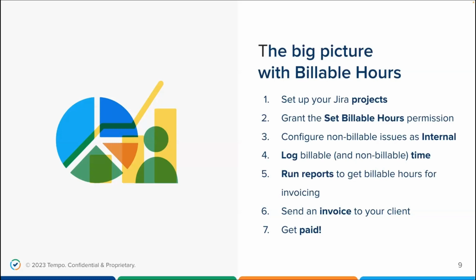Every month or maybe at different milestones, the project manager or account manager runs reports for this contract to know what the billable hours are. And then the finance team can create the invoice from that. So once they get the report data, the finance team creates the invoice, sends it to their client, and then you get paid, which is the whole point of doing all this work. So this is the big payoff.